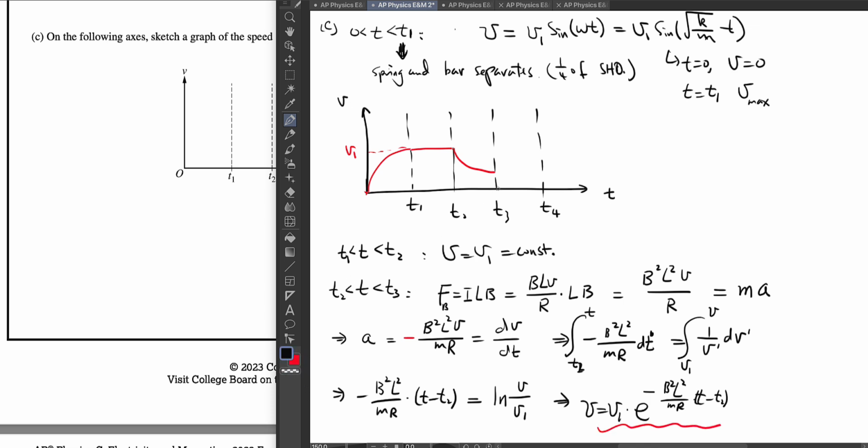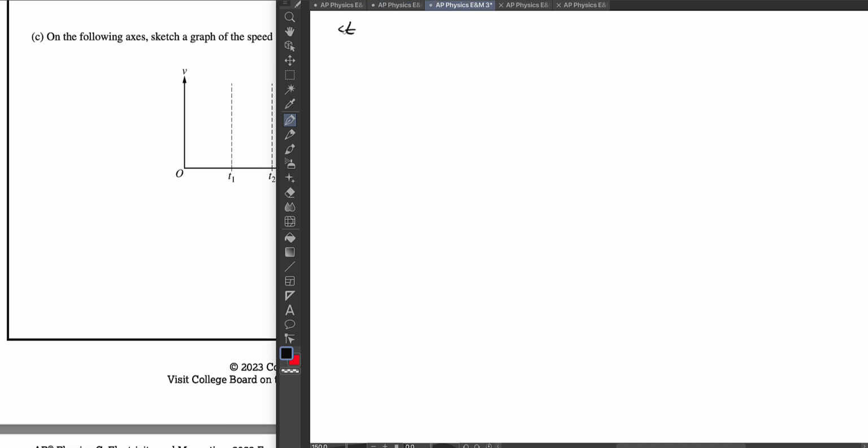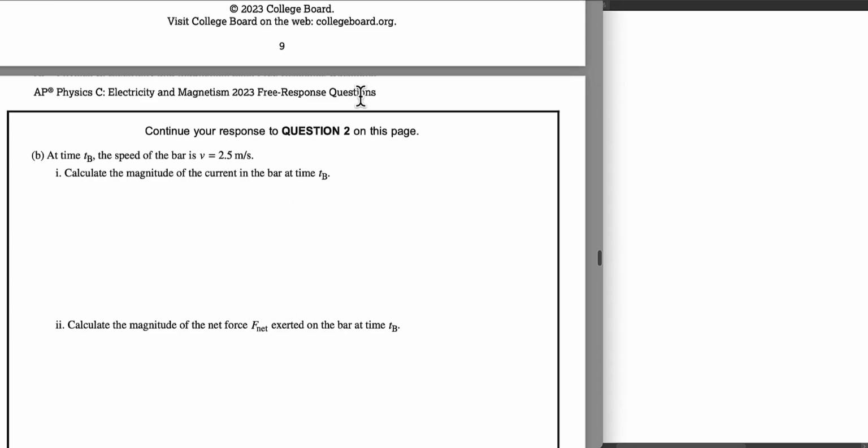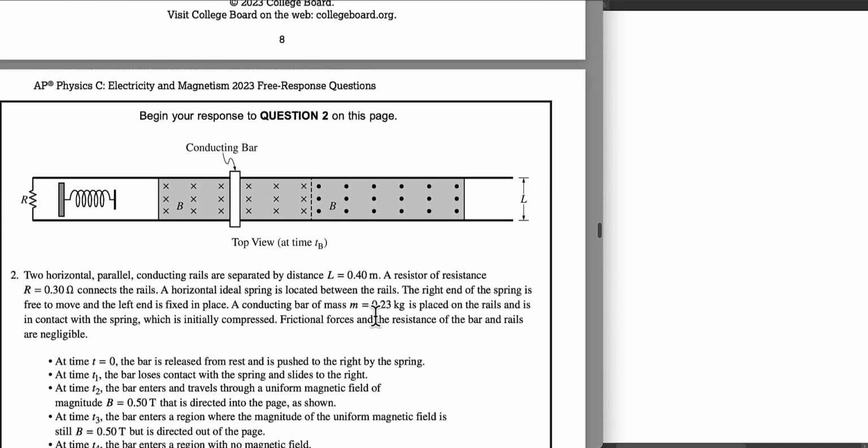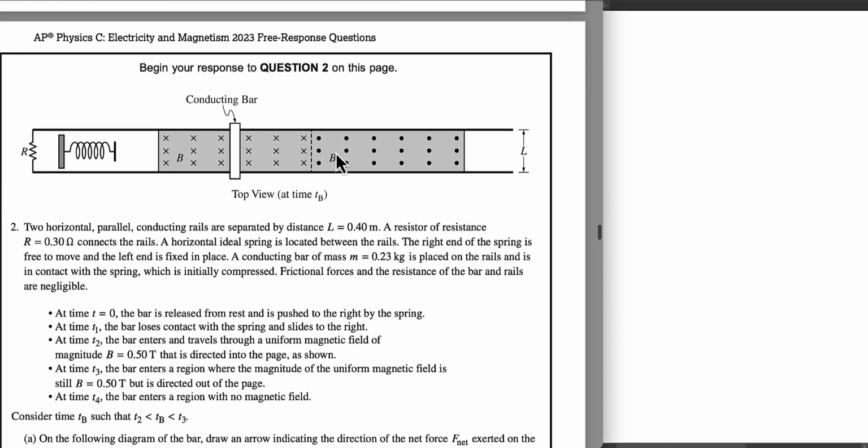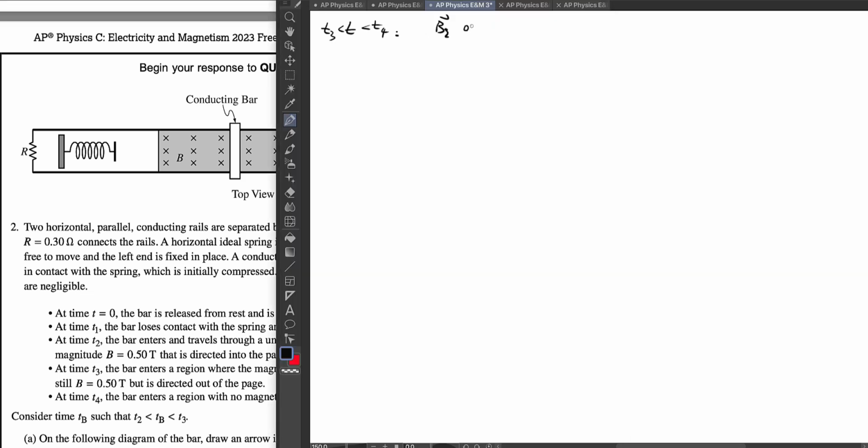Now, how about between T3 and T4? Okay, so now we're going to enter the second magnetic field, B2, which is out of the board, sorry. So B2 here is out of the page. Okay, so let's try to determine the force direction first.